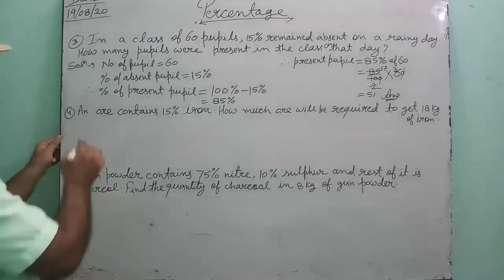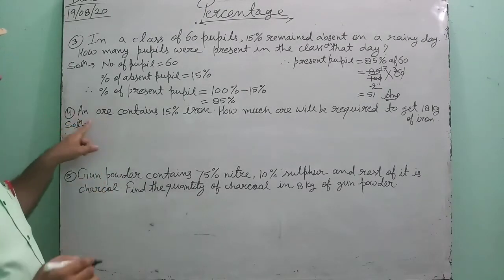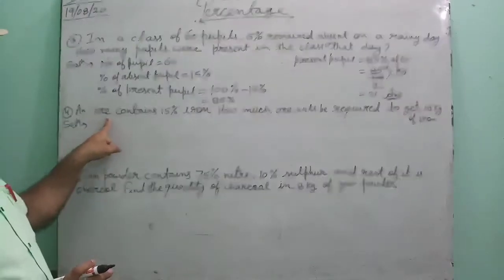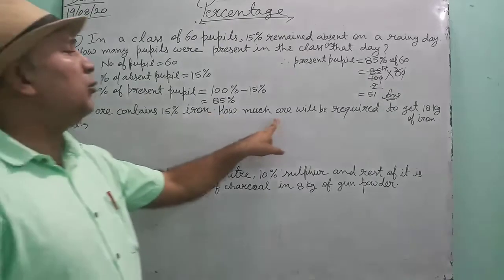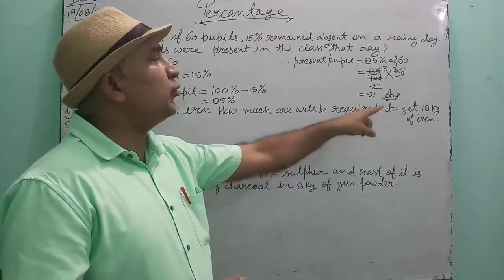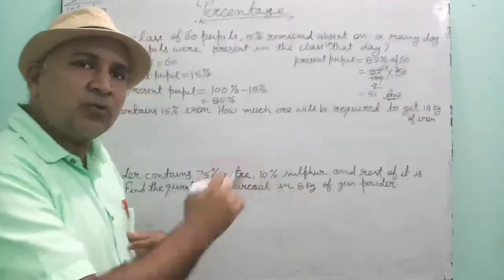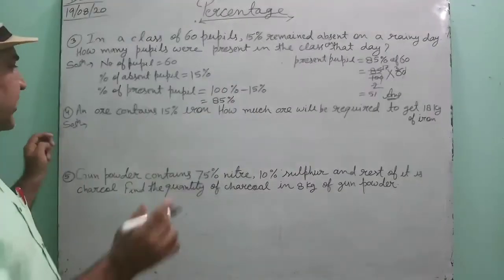Now see question number 4. An ore contains 15% iron. How much ore will be required to get 18 kg of iron? From the ore, if we want to extract 18 kg iron, then what amount of ore will be required?